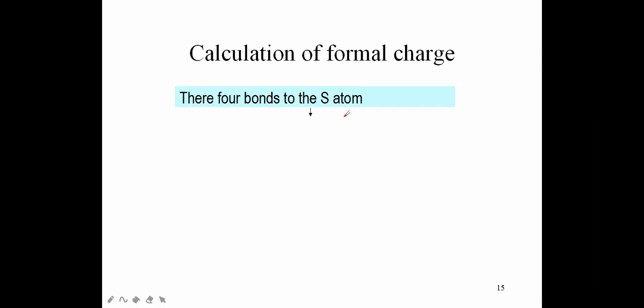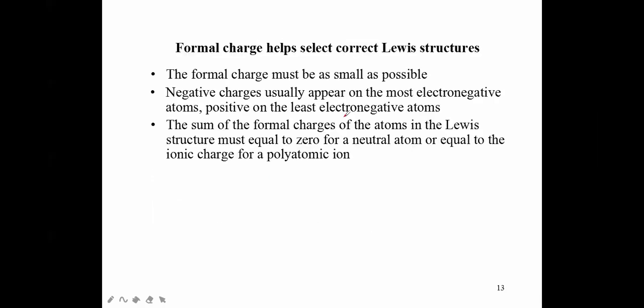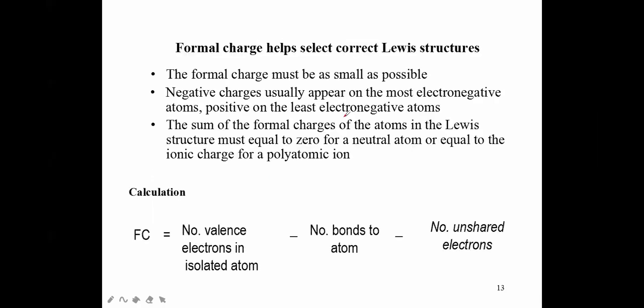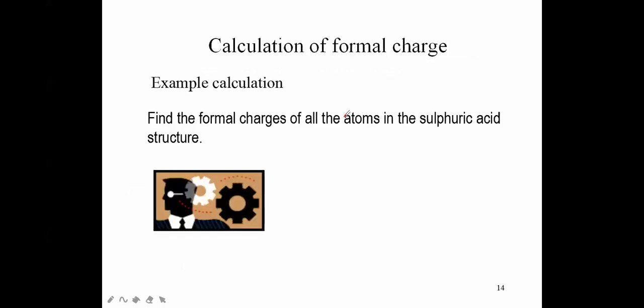Then you subtract the ones which are bonding and the ones which are unshared. If you've seen, there's a minus on the number of bonds and a minus on the number of unshared, so we'll factor out the minus sign, and inside you have an addition.